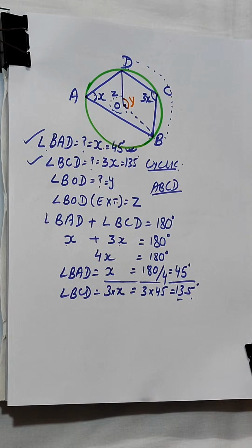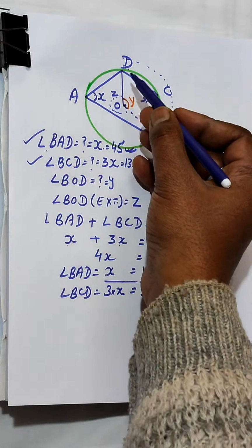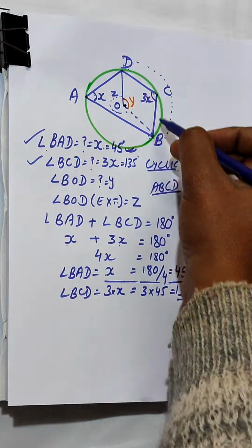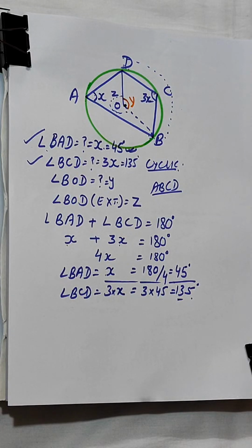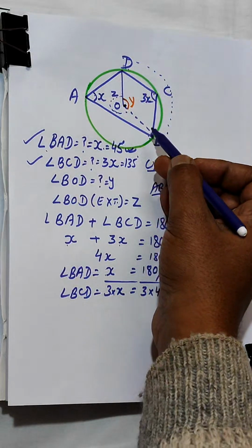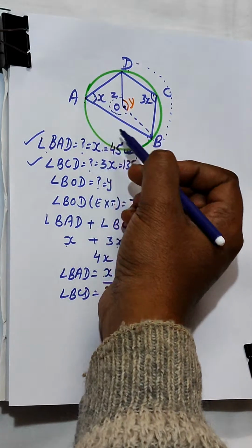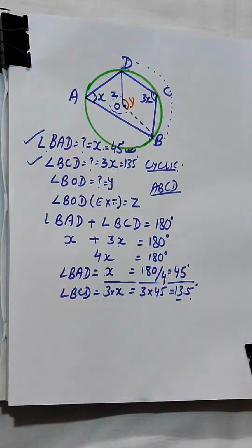If the arc BCD is subtending an angle y at the center, that is, angle BOD is y, then when the same arc subtends an angle at the rest of the circle, that is BAD, this angle is formed and it will be equal to half of angle y.